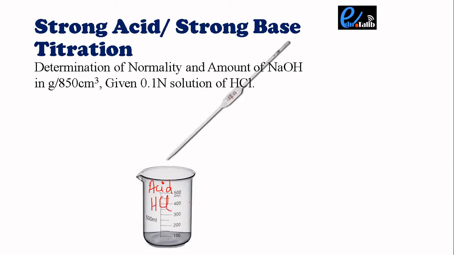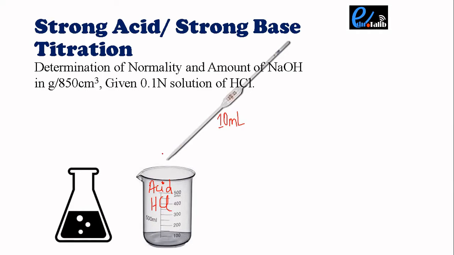You have to take 10 ml volume by this pipette from this beaker having the HCl, and there is a conical flask into which you have to transfer this 10 ml volume.